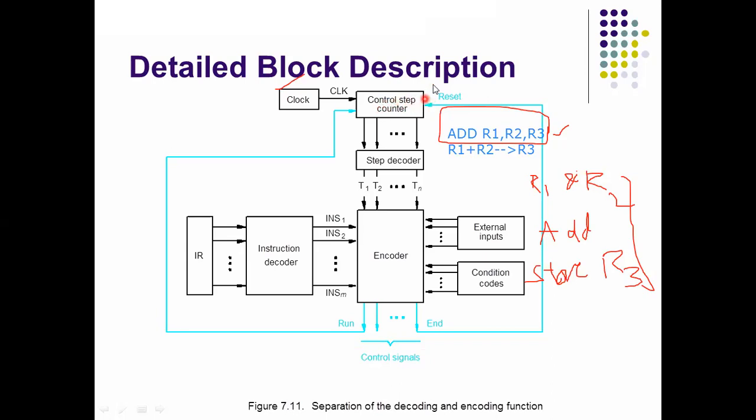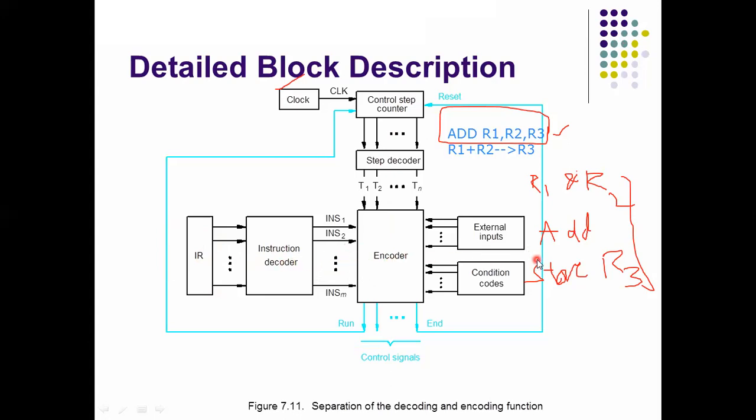So here we need some control signals. What are the control signals here? First, the contents of the control step counter. Next, the contents of the instruction register.